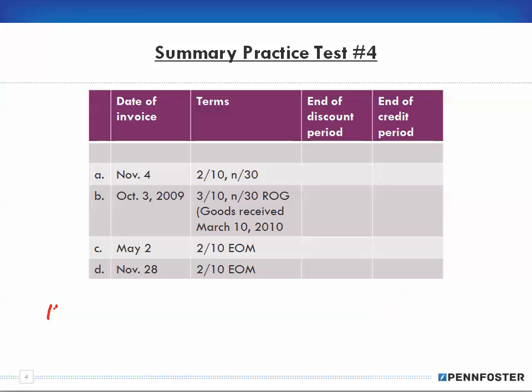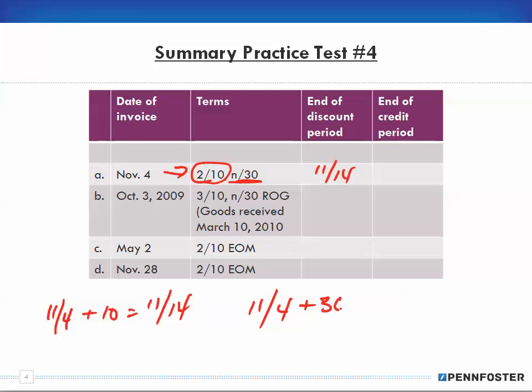So if I start on 11/4 and I'm using the ordinary dating method of 2% 10, net 30, that's 10 days. I would get a 2% discount, so on 11/14 would be the end of the discount period. And 30 days, 11/4 plus 30.